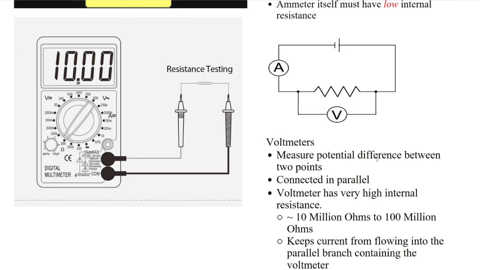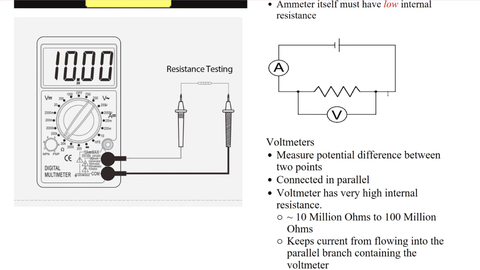This keeps current from flowing into this parallel branch that we have created. I'm sure there's probably still a negligible amount of current that flows through this voltmeter, but a good estimate, most voltmeters have an internal resistance of 10 million to 100 million ohms. That is a very, very high resistance.